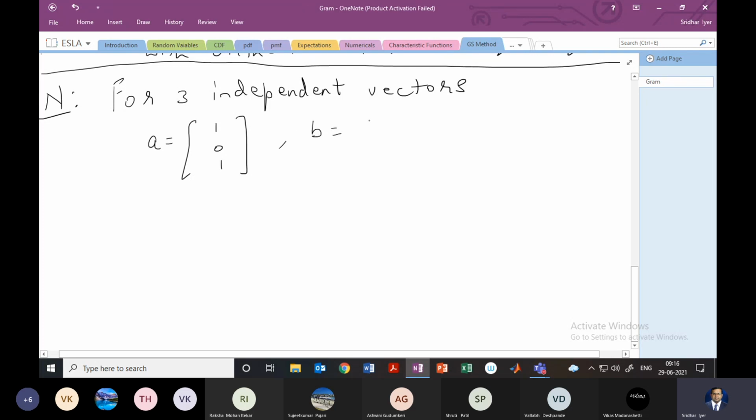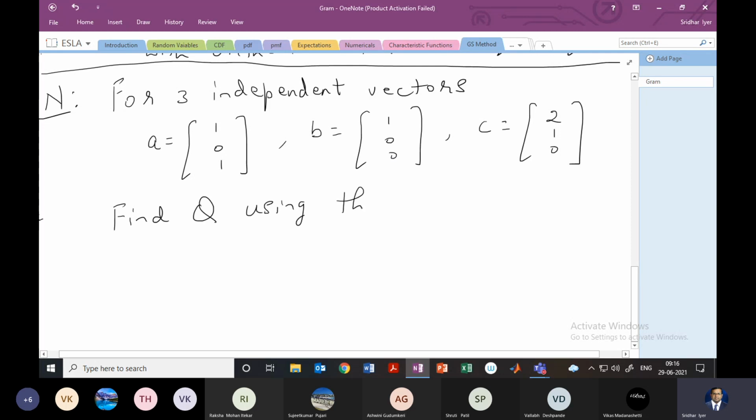And b is 1 0 0 and c is 2 1 0. So for these three independent vectors, find q using the GS process.